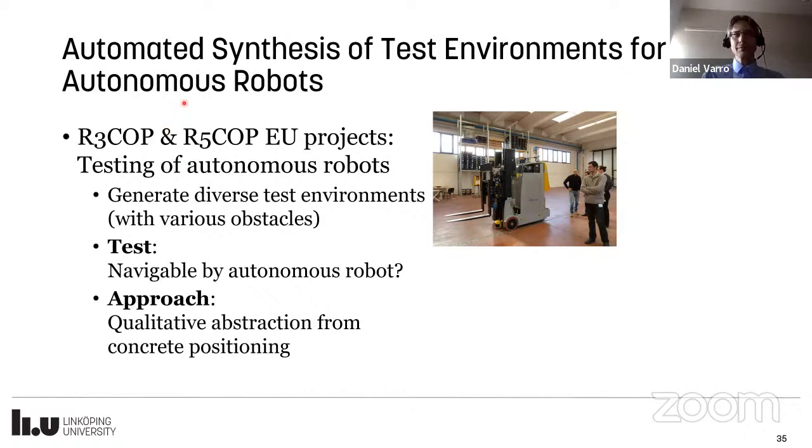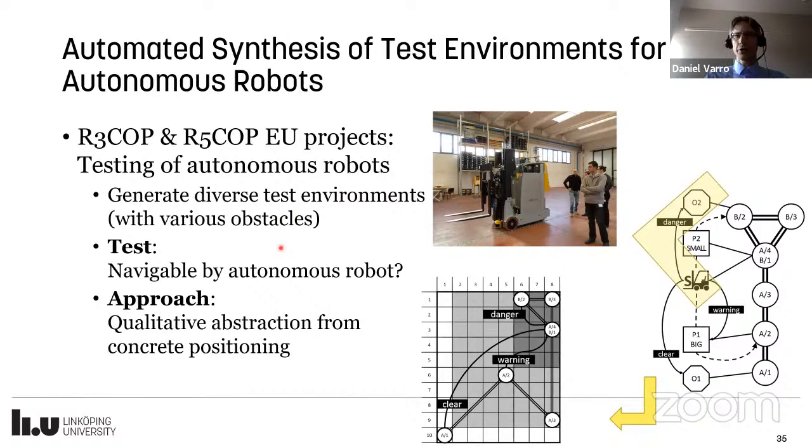I think the first time we came across this was in the scope of 2 European projects running in Budapest, which was concerned with the system level testing of autonomous robots. We consider the robots as black boxes, but we wish to generate a diverse set of test environments with various obstacles, and one test case is whether the robot can navigate it or not.